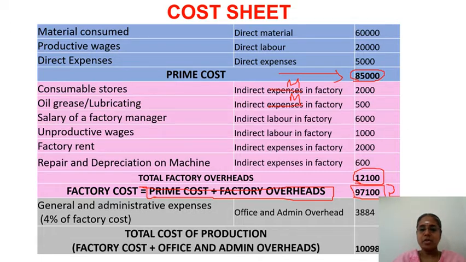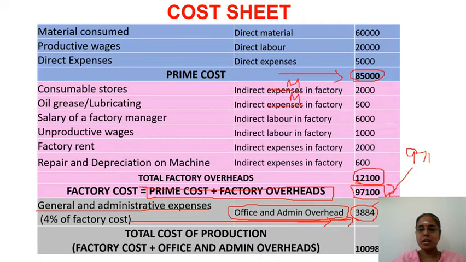After that, you have to add the next one, which is your administrative expenses. It is called office and administrative overhead. How to find this? This is 4% of your factory cost. So your factory cost is 97,100 into 4 divided by 100, which is your general and administrative expenses.